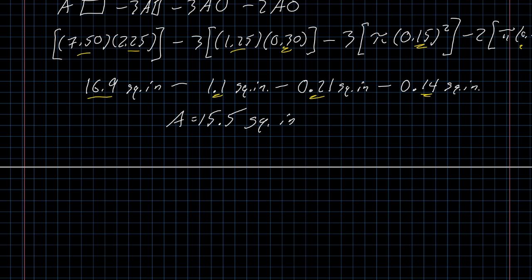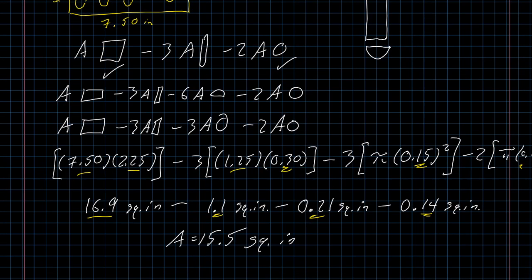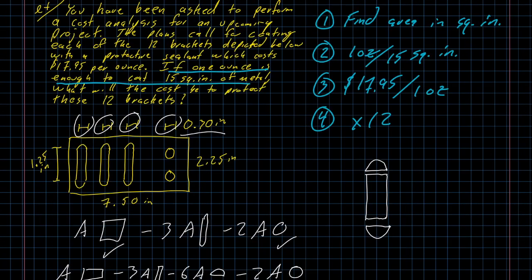All right, a lot of work. All we've done so far is found the area. But then the rest of this can be handled using the unit rates, right? There is 1 ounce per every 15 square inches, which is a little bit more than 1 ounce used for each of these devices. It's $17.95 per ounce, and there are 12 of them.